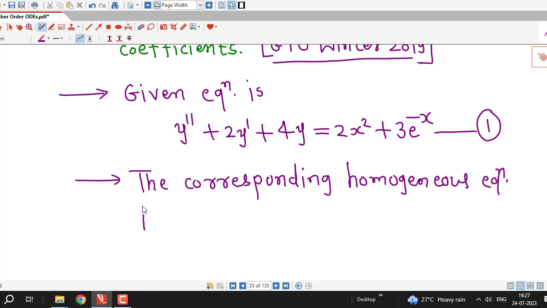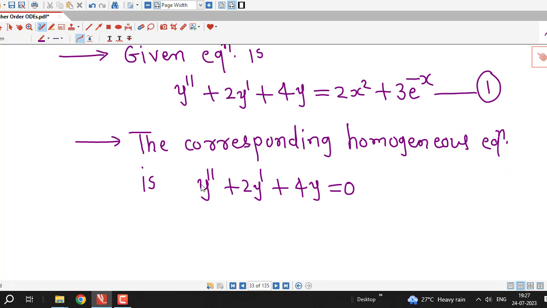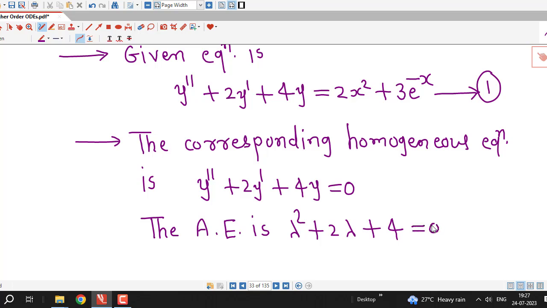The corresponding homogeneous equation is y double dash plus 2y dash plus 4y equal to 0, and the general solution of this homogeneous equation is the complementary function of this non-homogeneous equation. To solve this equation, we have to write down the auxiliary equation, and it is lambda square plus 2 lambda plus 4 equal to 0.